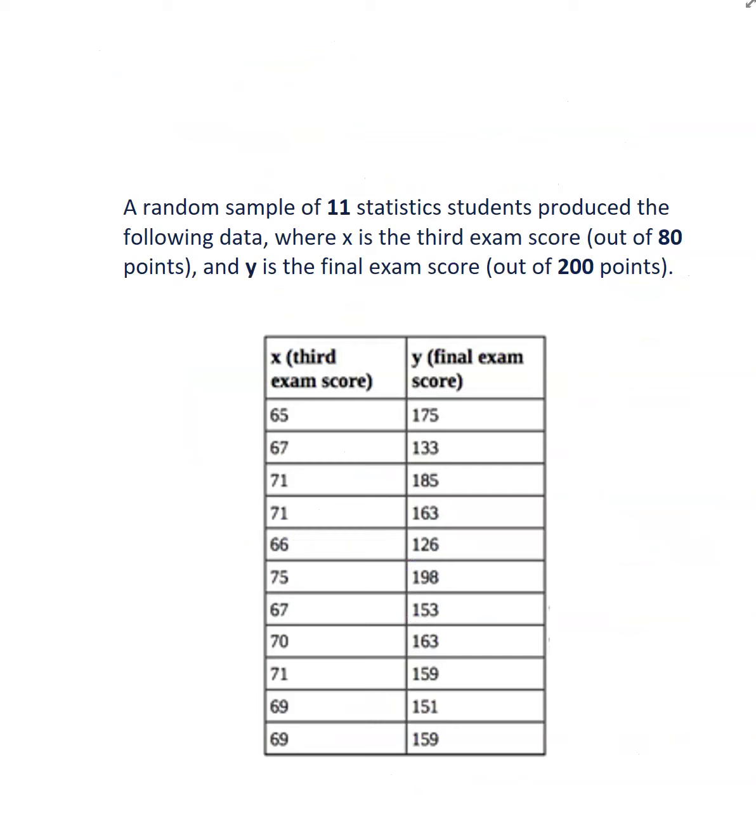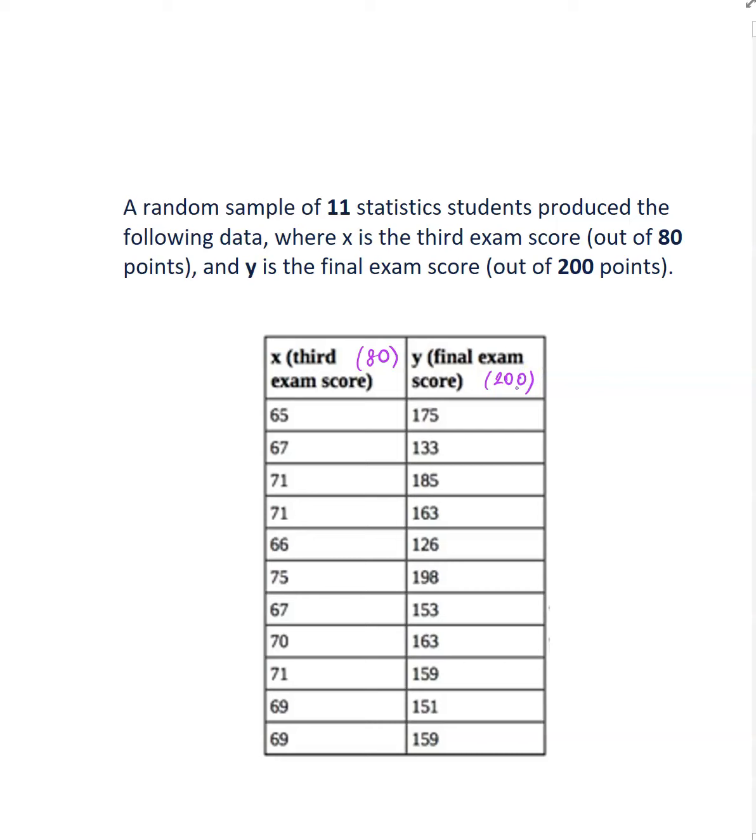Take a look at this data set. A random sample of 11 statistics students produced the following data, where X is the third exam score, and this is out of 80 points, and Y is the final exam score, that's out of 200 points. So for us to quickly recall, this is out of 80 and this is out of 200. And you can see the values there, right?